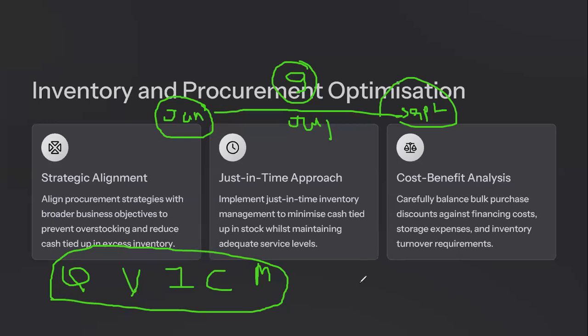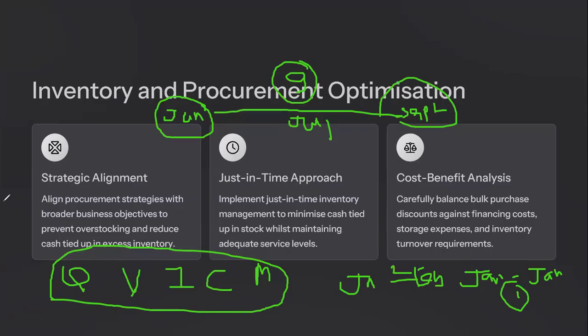In this place, if suppose I received the raw material in Jan and I issued to the market in Feb, so 2 months, or I received in Jan and I issued to the market in Jan only, so 1 month. So shorter the duration, the better cash management.